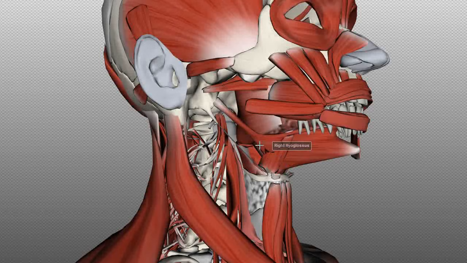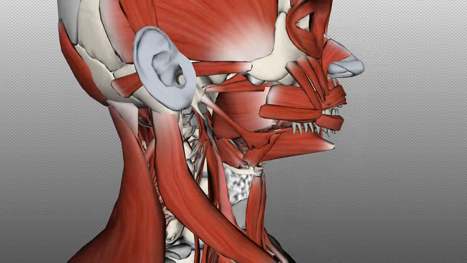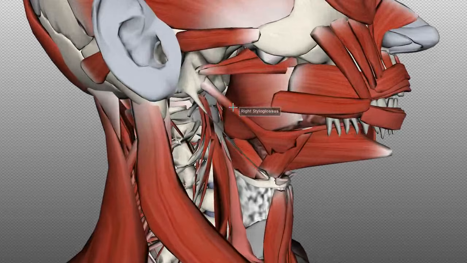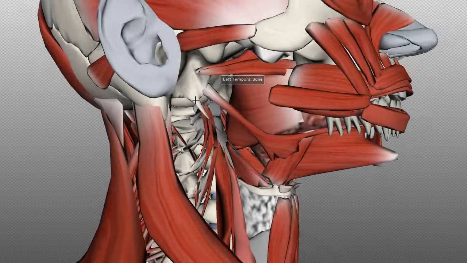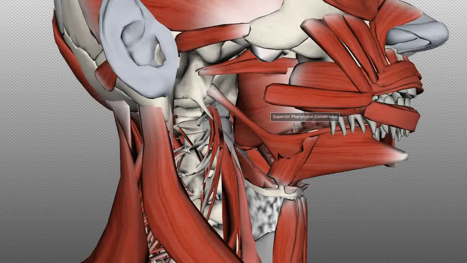And then the next muscle along is this one, the styloglossus. So as the name suggests, the styloglossus originates on the styloid process. This model is a little bit inaccurate because it's shown attaching here, but it actually attaches on the styloid process, and then it passes inferiorly and medially to attach along the lateral surface of the tongue.